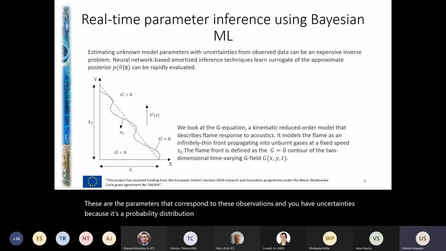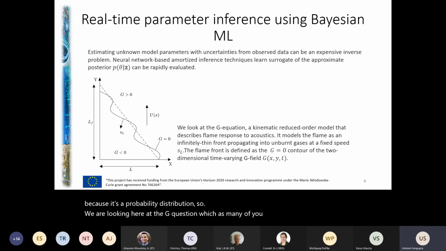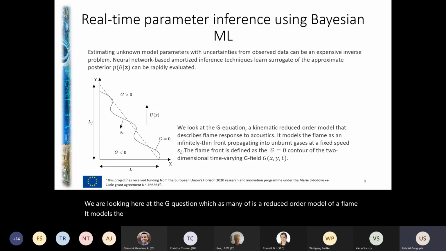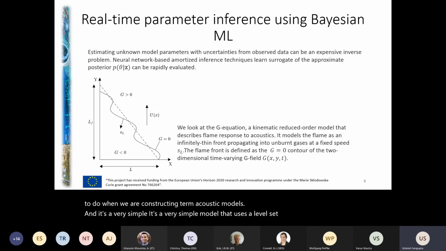So we are looking here at the G equation, which, as many of you know, is a reduced order model of a flame. It models the response of the flame to acoustics, which is of course something that we need to do when we are constructing thermoacoustic models. And it's a very simple model that uses a level set formulation and propagates the G field forward in time.